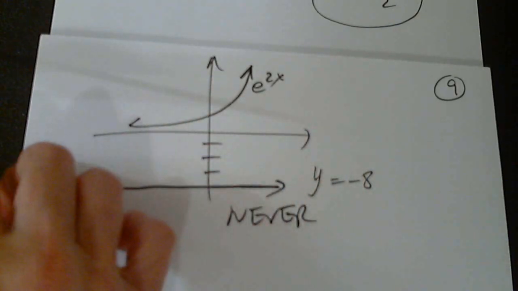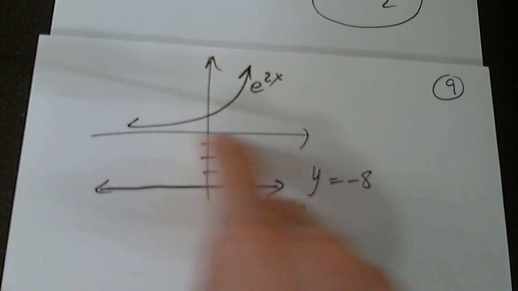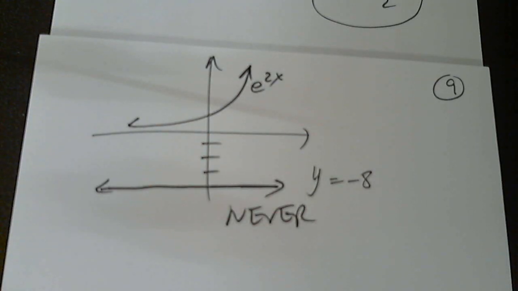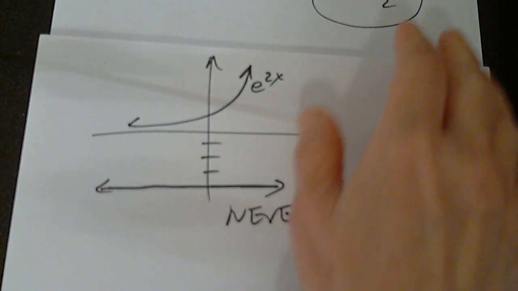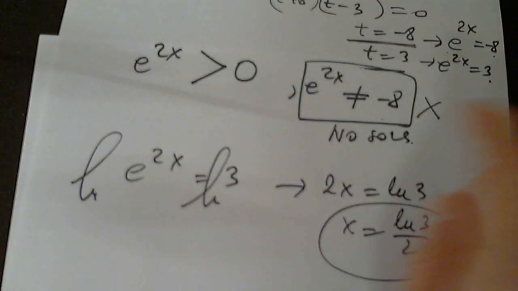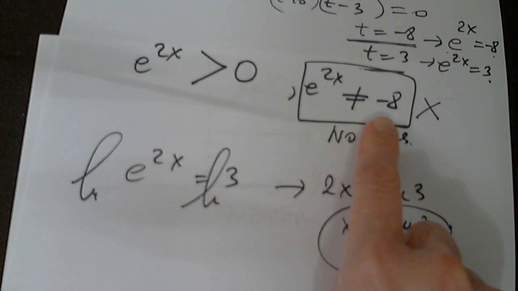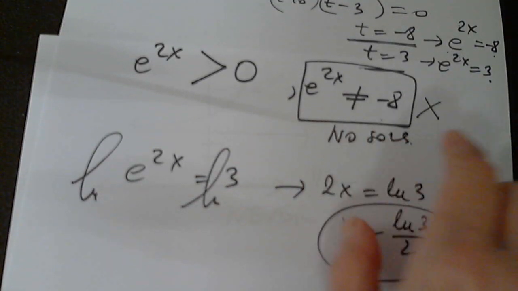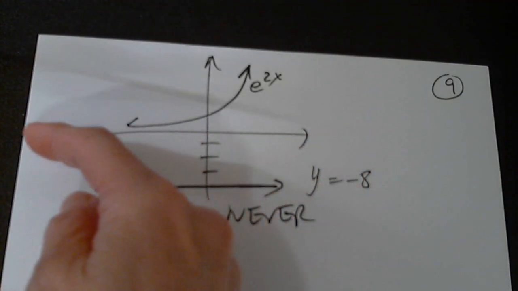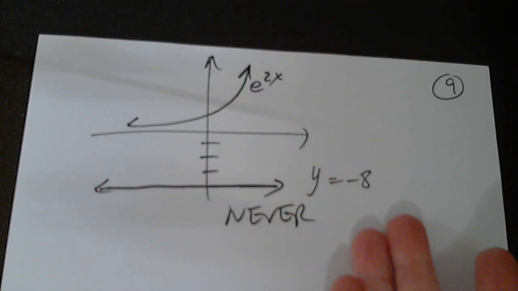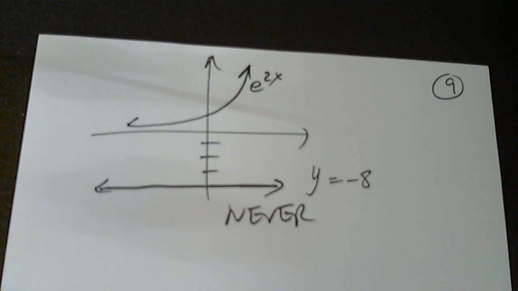This one cannot come closer to this because this is the horizontal asymptote, and it goes on to 0. And this is y equals negative 8. So this side is always positive, and this side is always negative. No positive can equal a negative. So e to 2x cannot go below y equals 0, and this will always be y equals negative 8. These two will never meet. So there are no solutions. E to 2x can never equal negative 8.